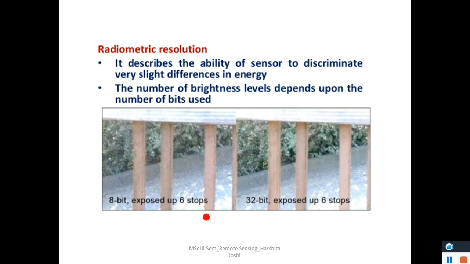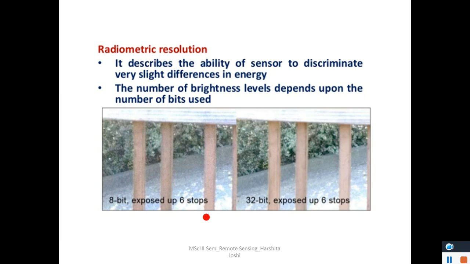Okay, so the different sensors have different abilities, right? The amount of variation they can detect within that energy, which is shown in the form of bits within the images, is known as the radiometric resolution.